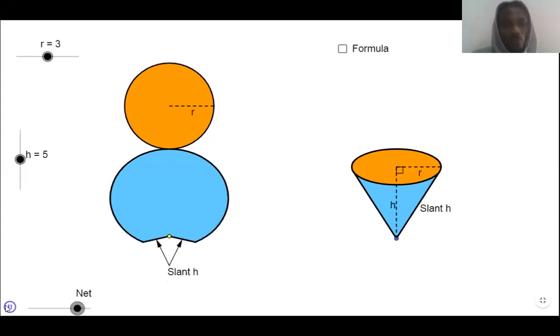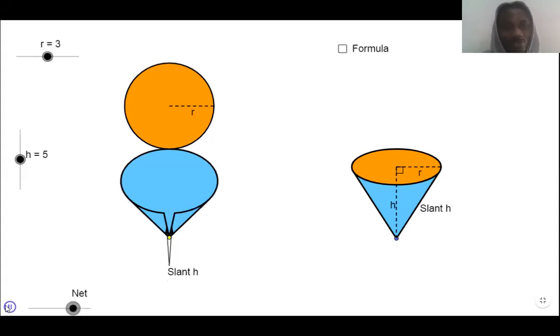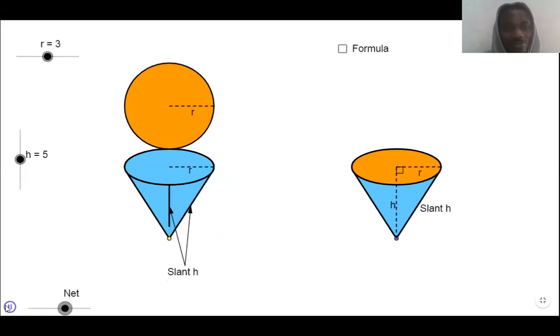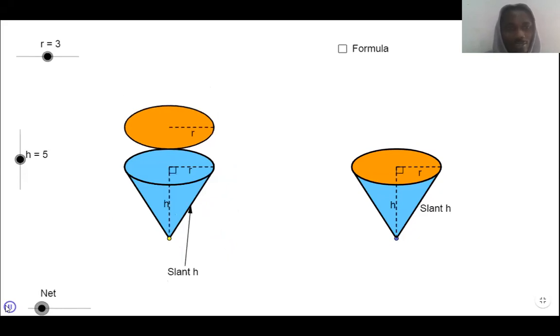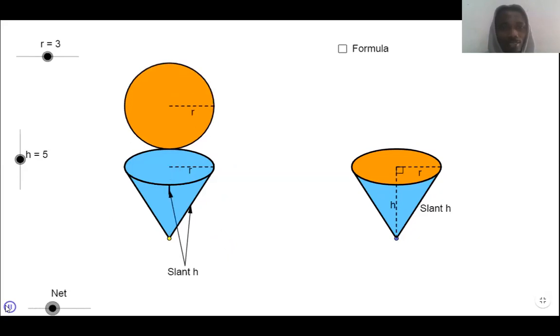Can you see what is happening? Are you observing what is happening? The net is producing the cone. Wow, lovely. Now we are opening the cone back up to the net. Did you see that?